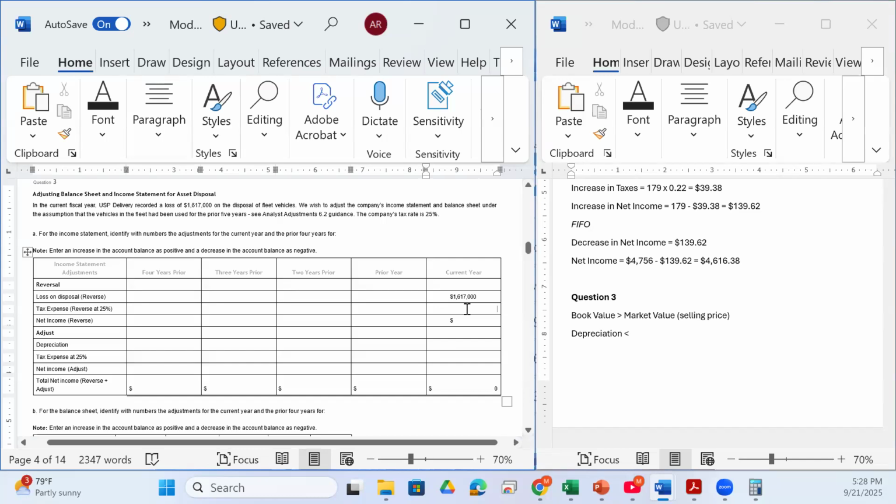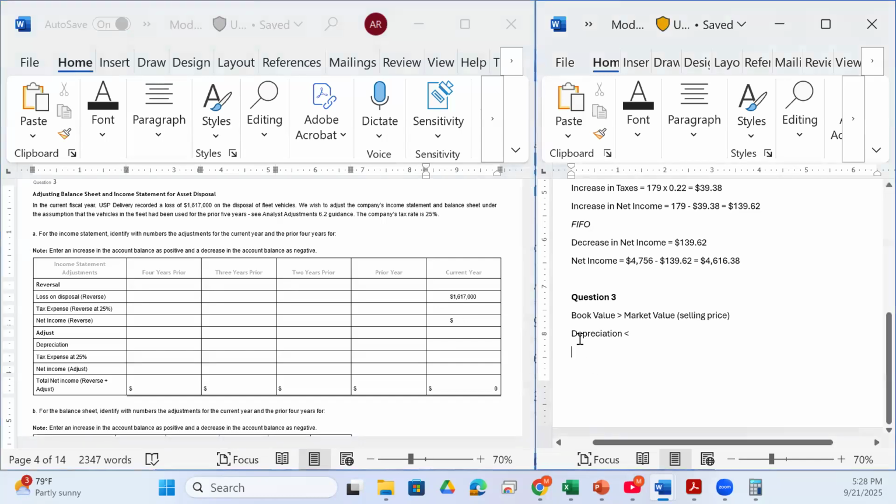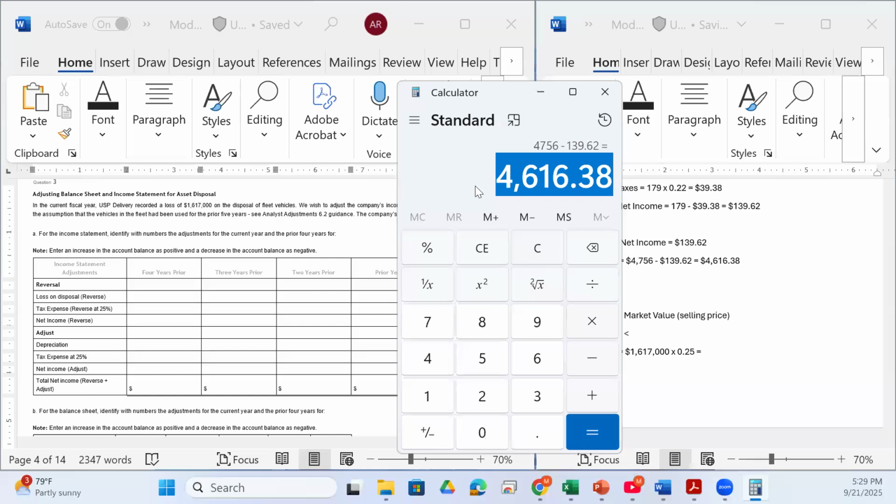Now, because we are going to add this amount, that means it's a gain now, we have to also increase the taxes. So the taxes will be our gain times the tax rate, which is 25%. So this times 0.25.